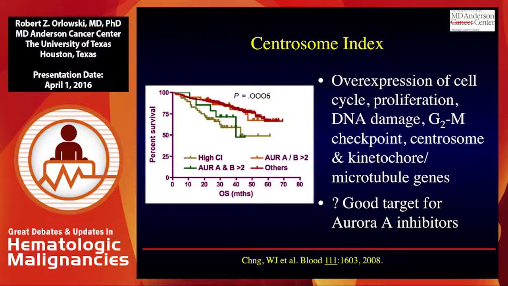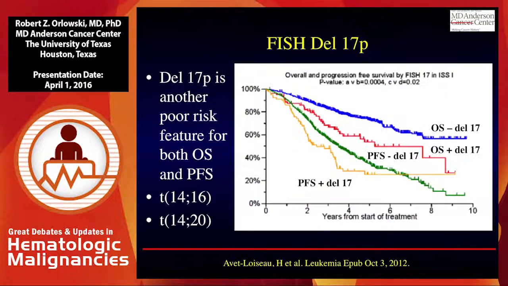There are also other indices that have been reported over the years. Here's one that I picked out that looked at something called the Centrosome Index, which seemed to say that if you had lots of cell cycle genes expressed, essentially, then you were more aggressive, which makes sense, at least biologically, because if the cells are going to grow more rapidly, they're going to be more aggressive.